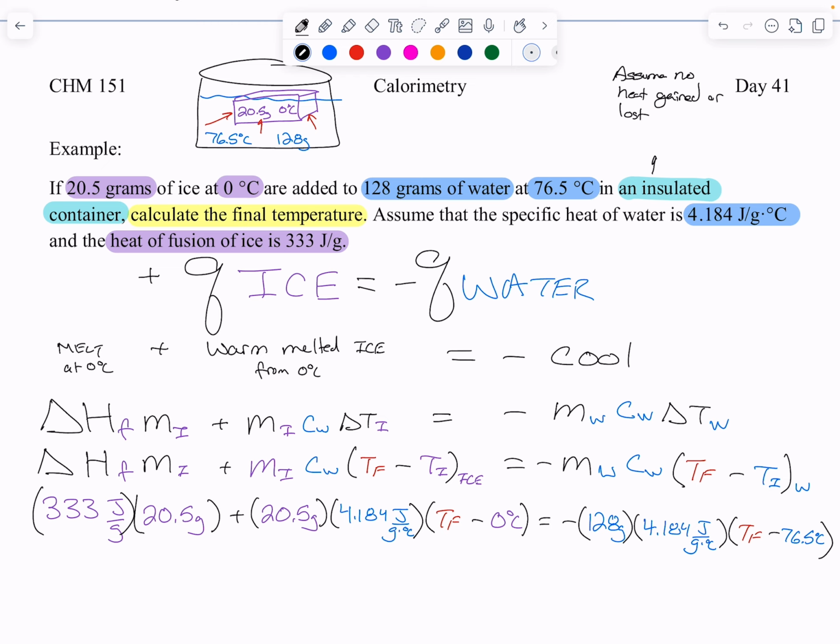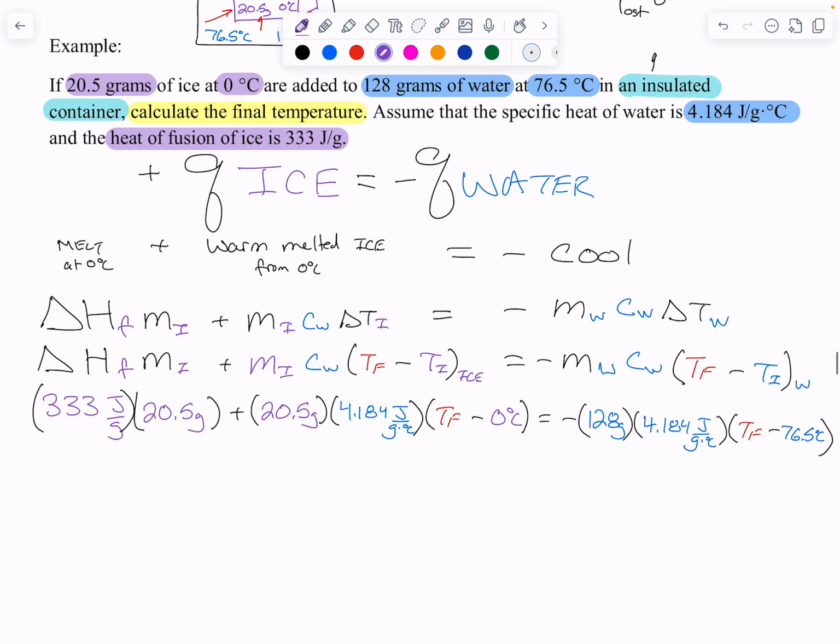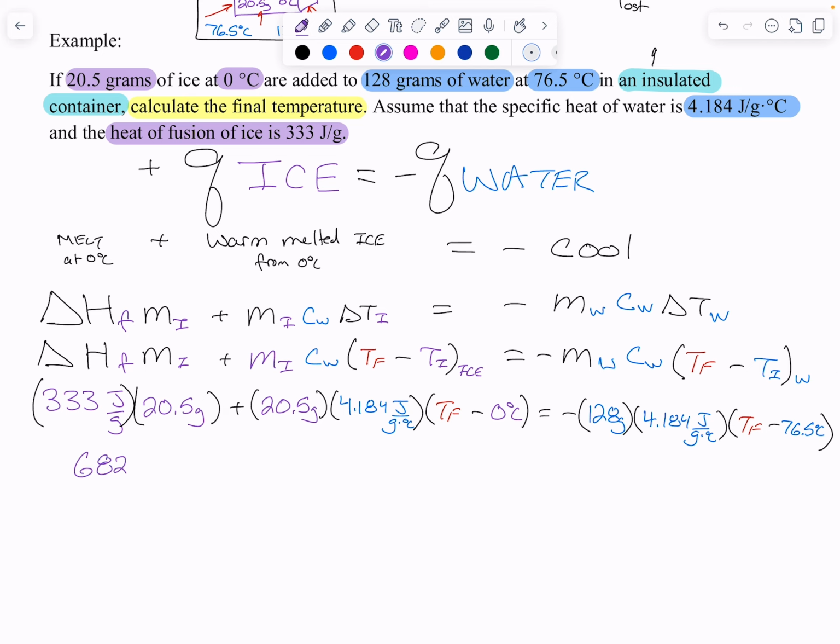All right? So the first, I get right here, 333 times 20.5, I get 6826.5 joules. And we're going to put the units in a different color. Now here, I can just make that nothing, right?